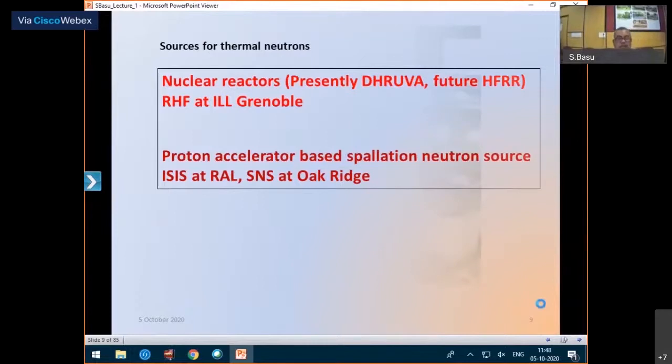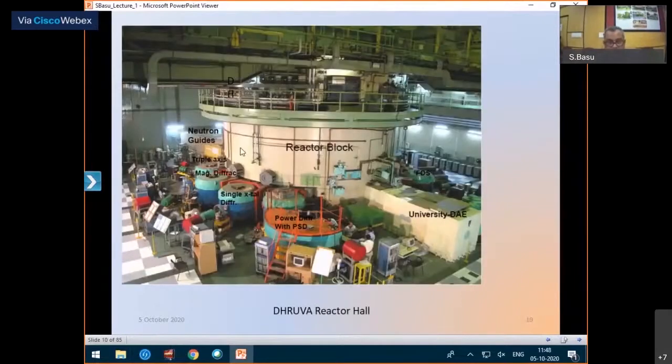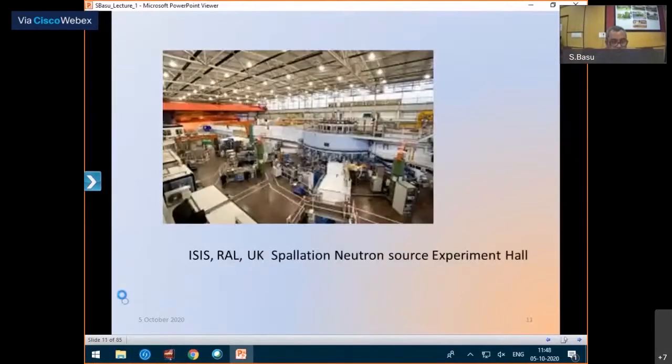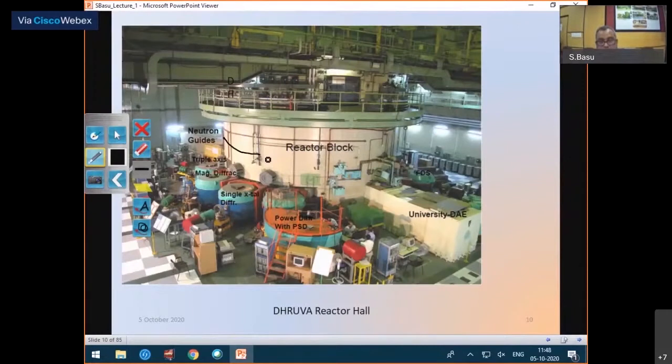This is how it looks inside the Dhruva reactor hall. Now here you can see, this is the wall of the reactor.